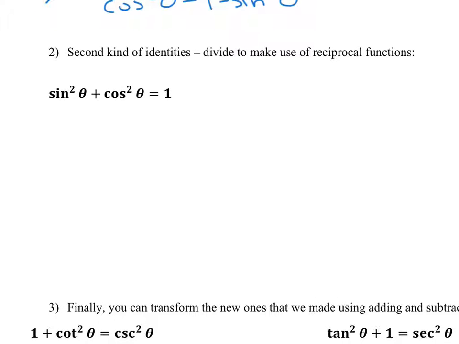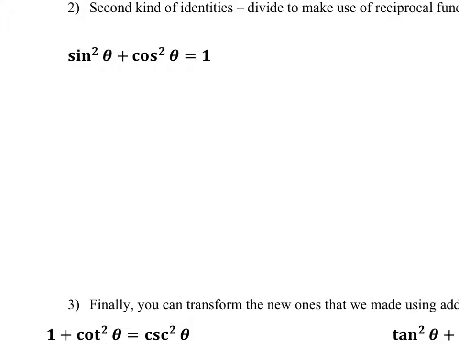The other one, you can divide to make identities. So say I take this guy right here and I divide it by sine squared theta. This is one of those things that we like you to be able to do on your own. If you take all of this trig identity and divide it by sine squared theta, sine squared theta over sine squared theta, well, that's 1.